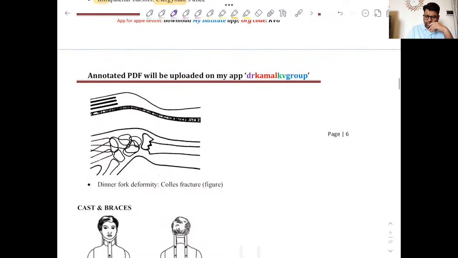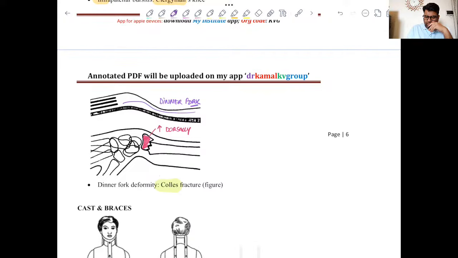Then moving forward to dinner fork deformity, that is seen in Colles fracture, because just look at the distal fragment. The distal fragment of the fracture is moving dorsally, so it is going backward over the dorsum, and therefore it gives rise to this dinner fork deformity.